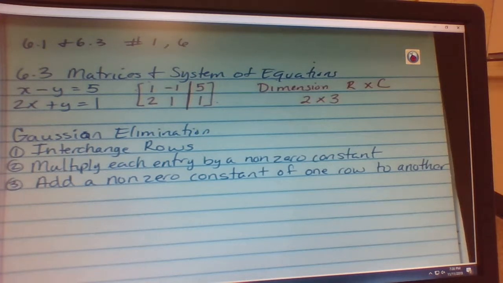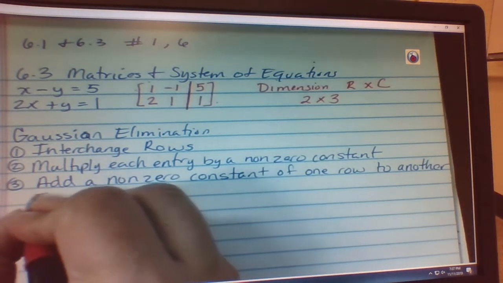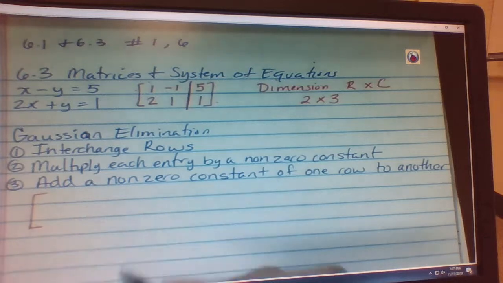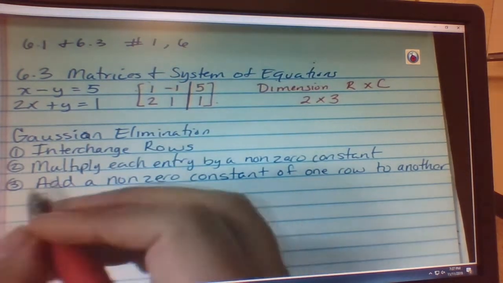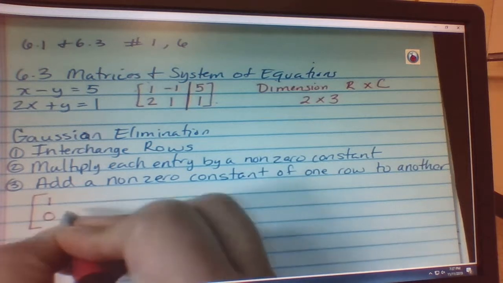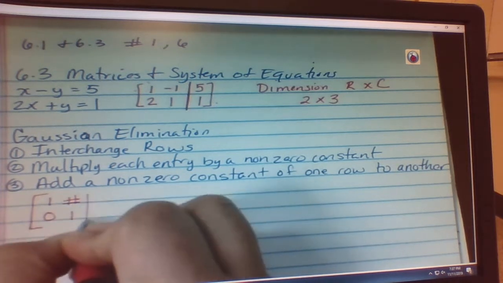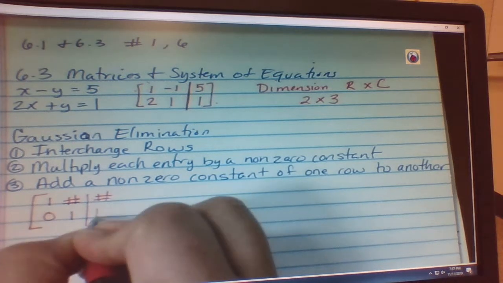Now, there is Gaussian elimination, and then there's Gauss-Jordan elimination. So I'm going to show you the difference of both. When you do Gaussian elimination and you have something like this, we're looking for a 1 here and a 0 there. There will be a number here and a 1 here, and you will have numbers there.